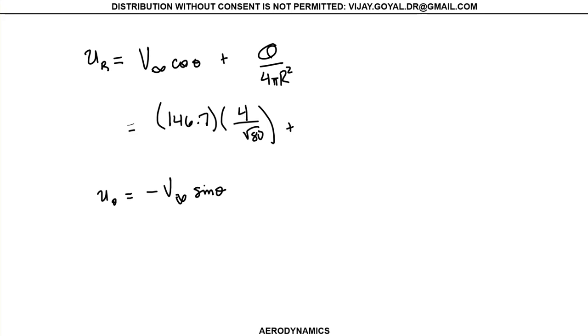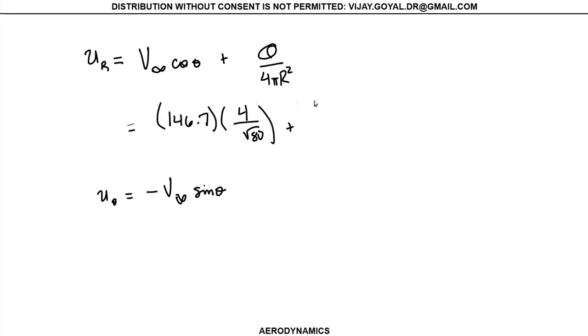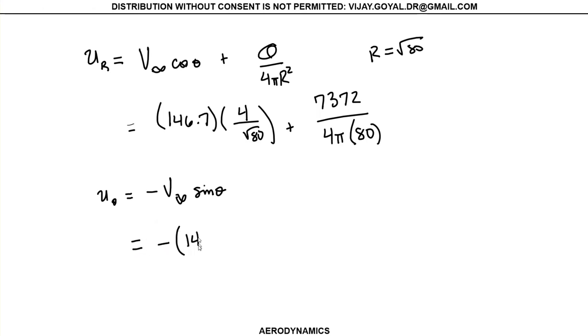We found the value for source, 7372, divided by 4 pi, square root of r. Remember, this is going to be your r is equal to square root of 80. So this would be 80. Okay. And then this value will be minus 146.7. Sine is 8 over square root of 80. You can see we found the value here.